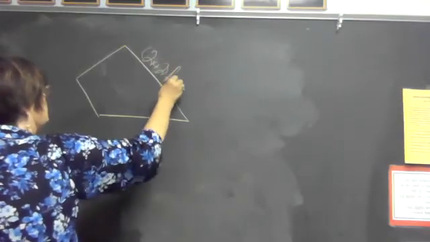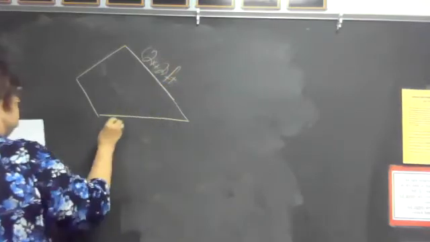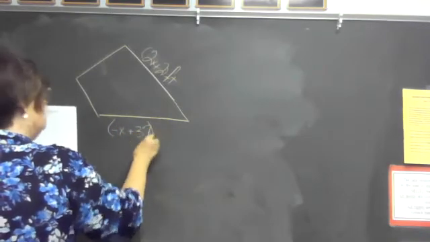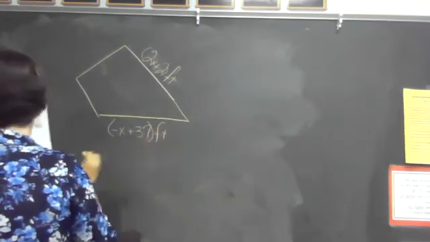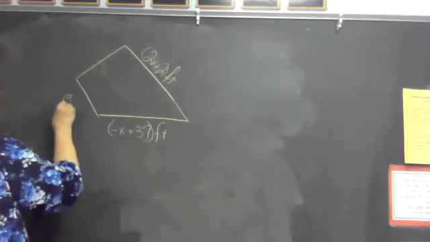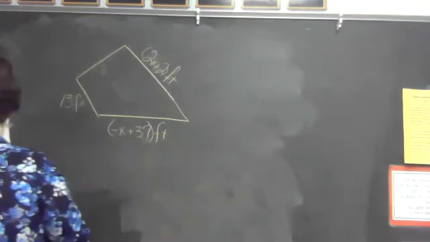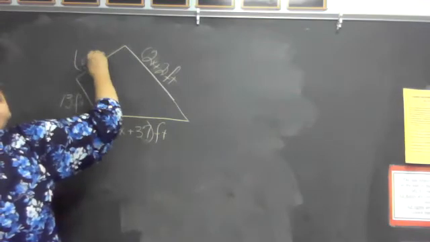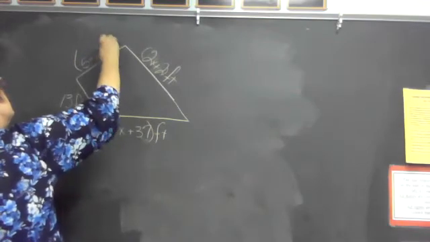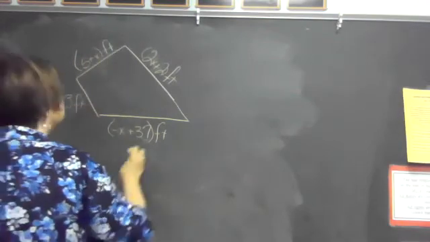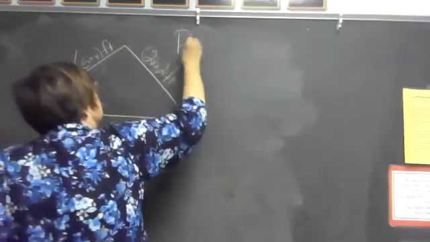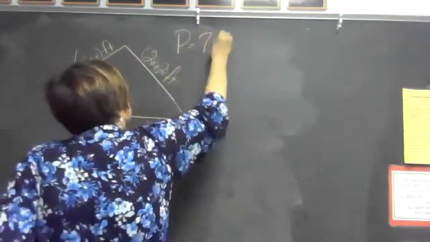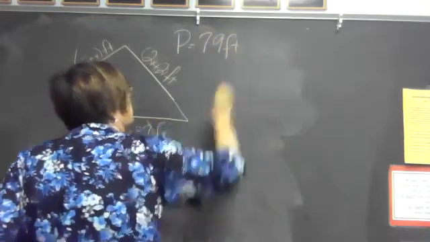My apologies, guys. And this one, -X plus 37 feet. And 13 feet. And 5 plus X feet. And they tell us that the perimeter equals 79 feet.